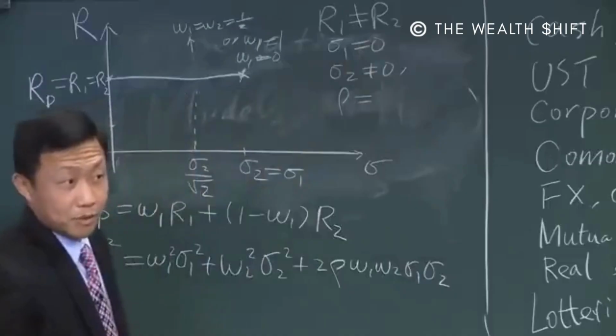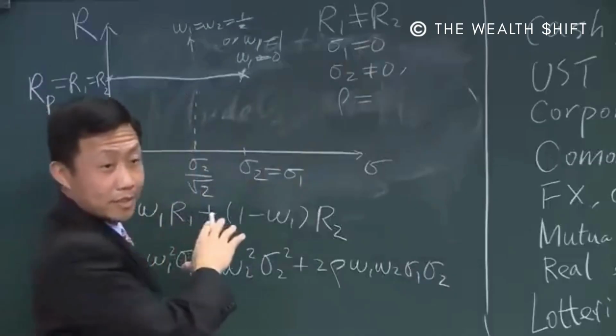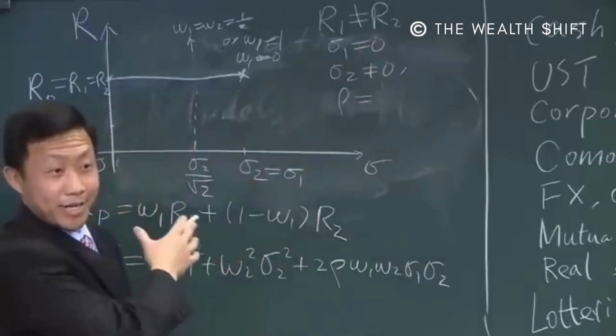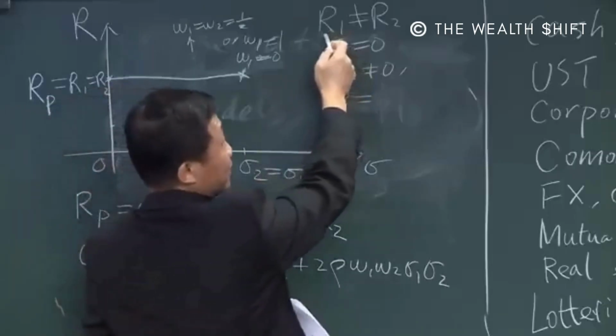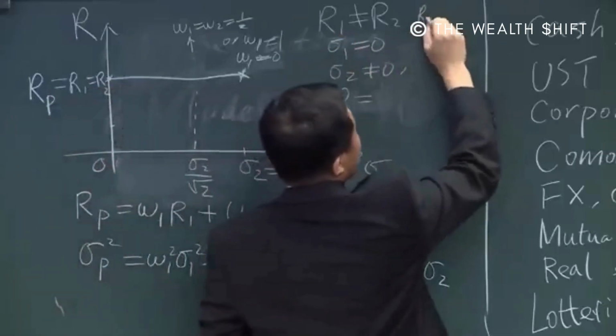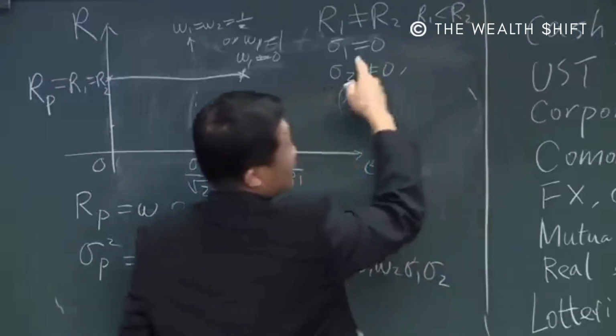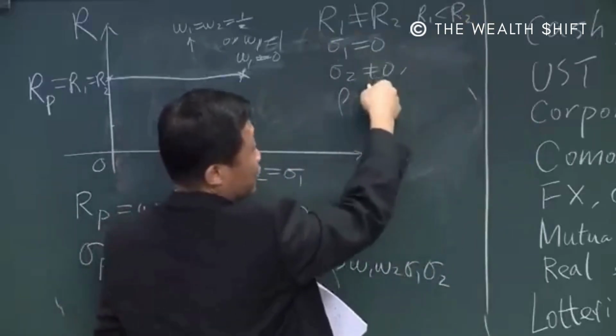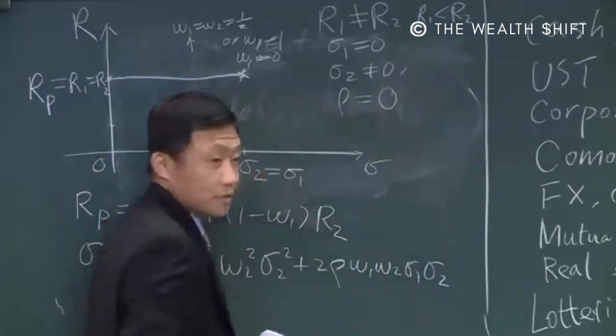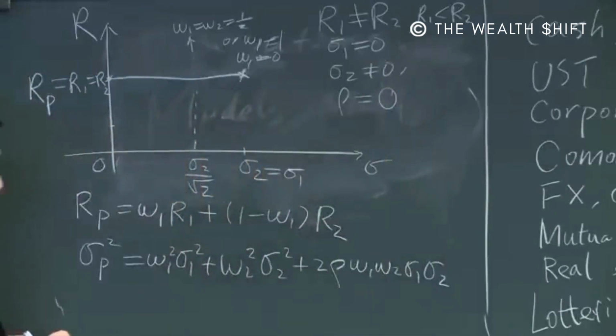Sigma 1 equals 0. There's no volatility of the first asset. So that's cash, a riskless asset in the first one. So let's even say R1 is less than R2. So you have the cash asset, then you have a non-cash asset. Rho equals 0, zero correlation. So let's look at what this line looks like.